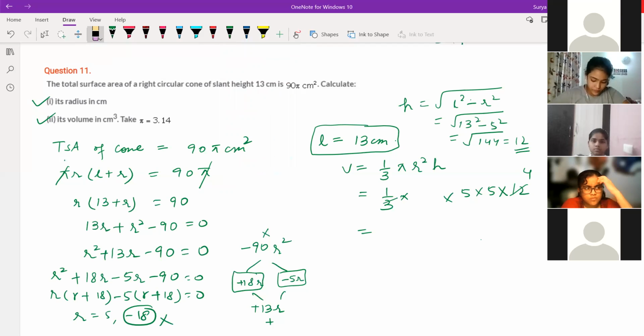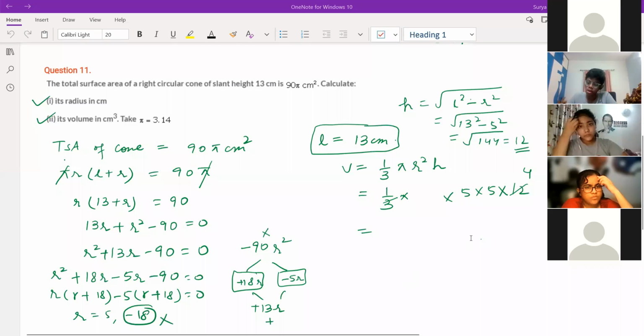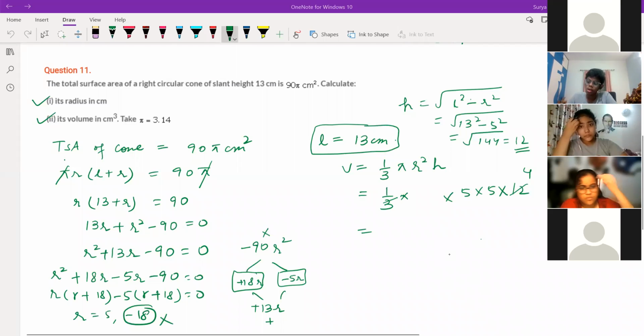I should close this now. Sir, I was actually noting down the problem. What happened? I was actually noting down the problem. Yeah, I'll send you these notes in Google Classroom.